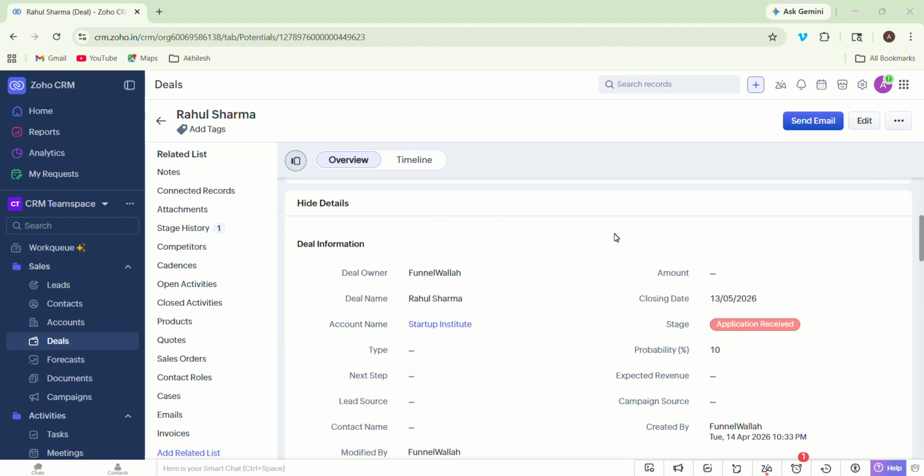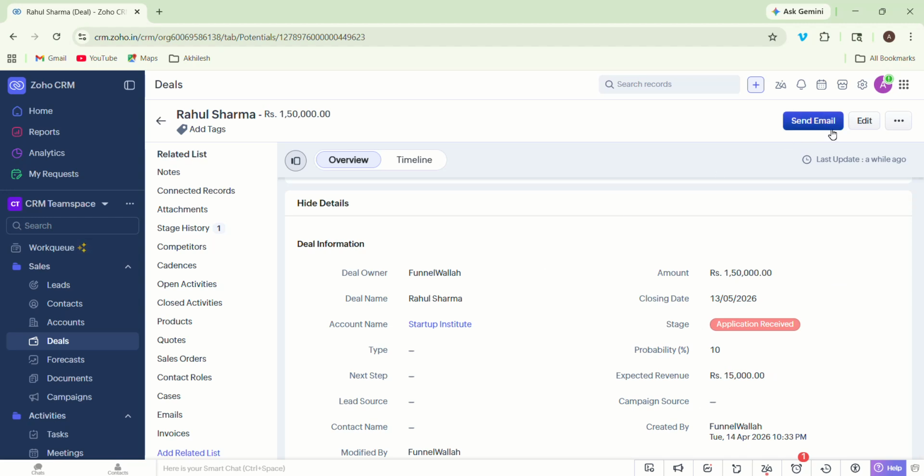One crucial detail that I missed here was this amount. Now let's assume that the amount is 1,50,000. So look at the expected revenue. It shows 10%. Now imagine that you have 200 applications a month. What your revenue potential will be can be calculated from this. You can get an idea from this basically.